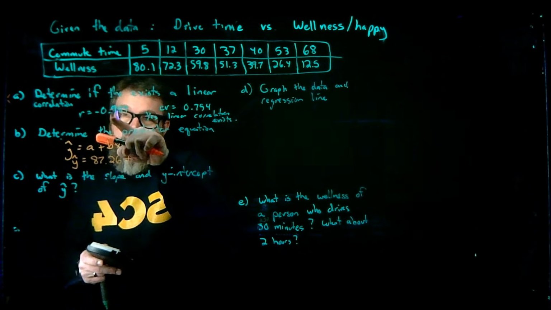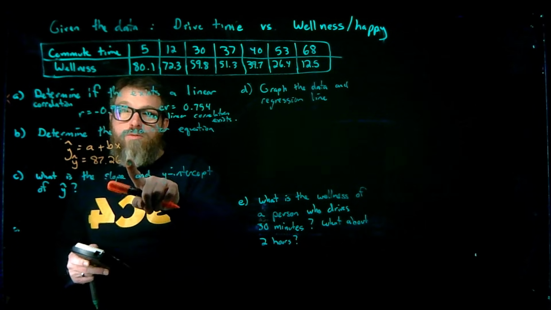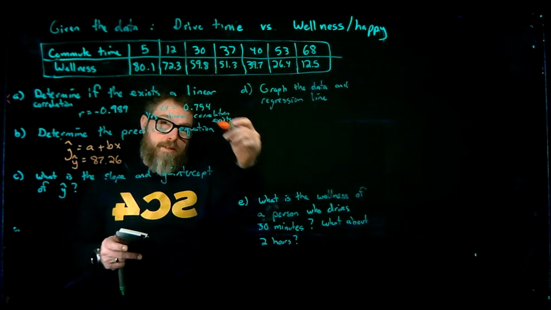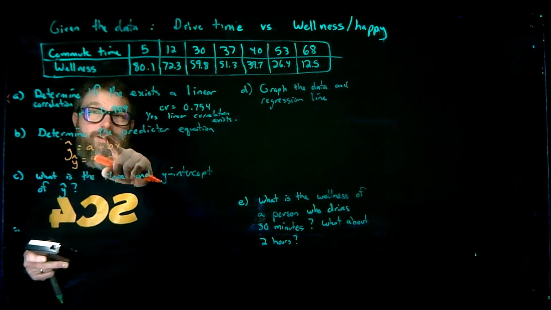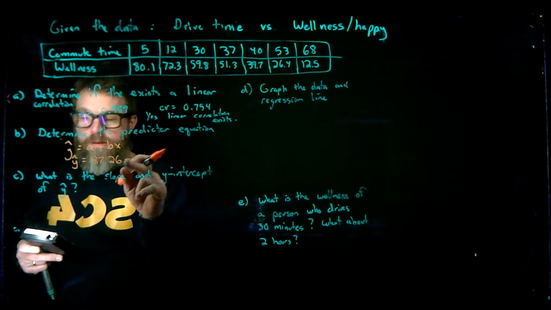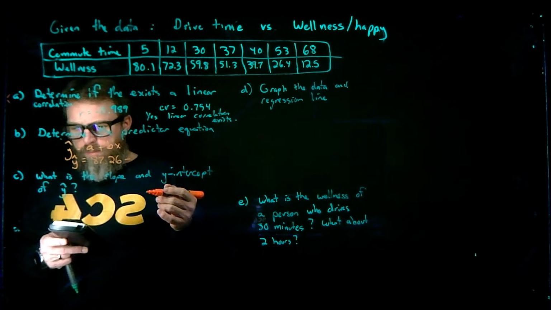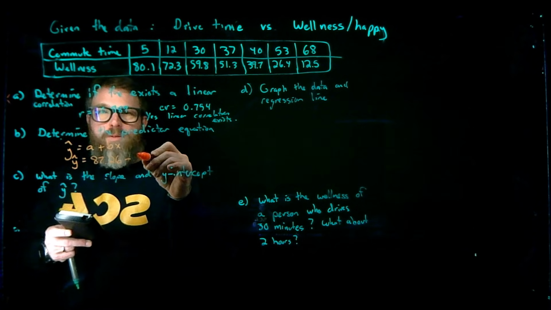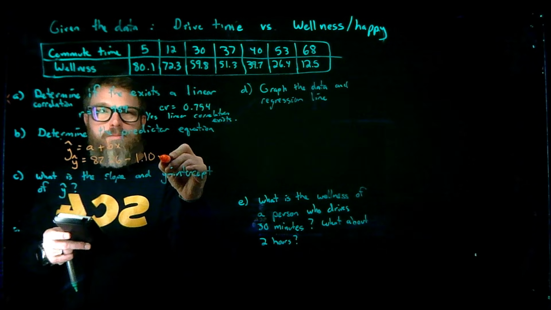We can see that b is going to be negative because this was a negative correlation, which means the dots are going to be running downhill. The sign of r is going to match the sign of your slope. So b being negative 1.096, so 1.10 times x.